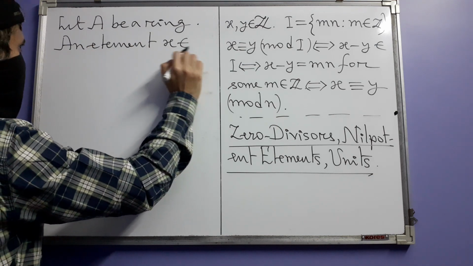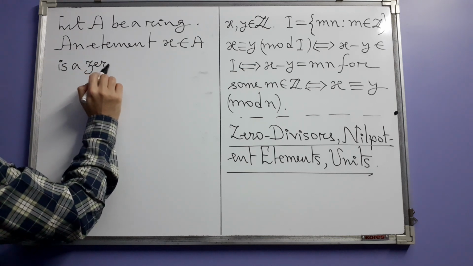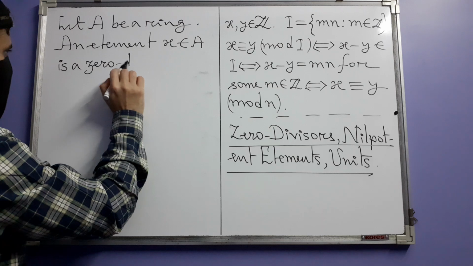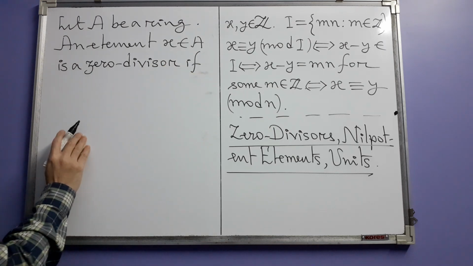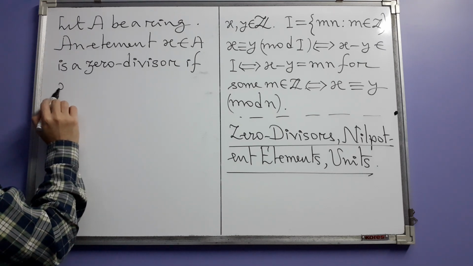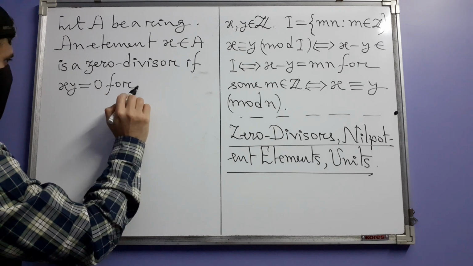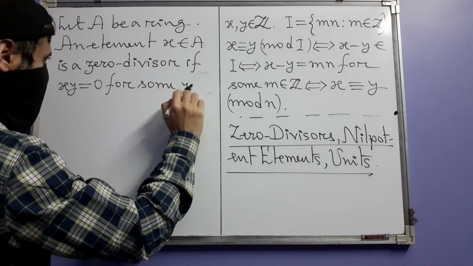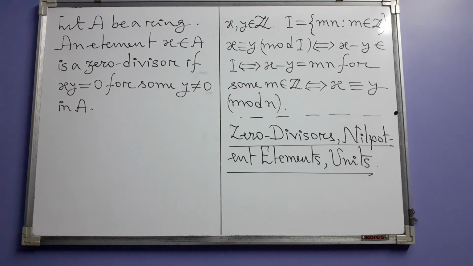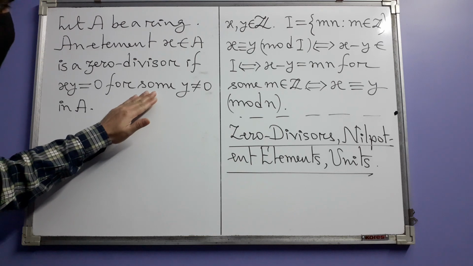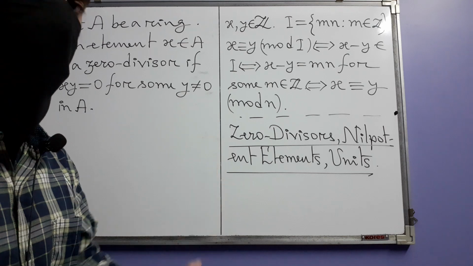An element x in A is called a zero-divisor if it divides 0 in this sense: if xy is equal to 0 for some y not equal to 0 in A. At first, this definition will look identical to the definition we have for zero-divisors in Herstein's Topics in Algebra.